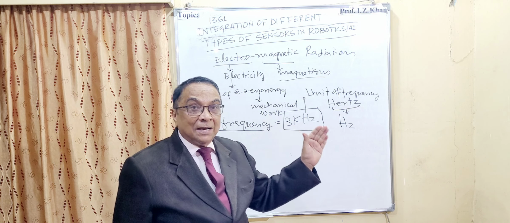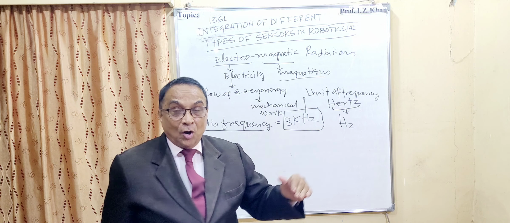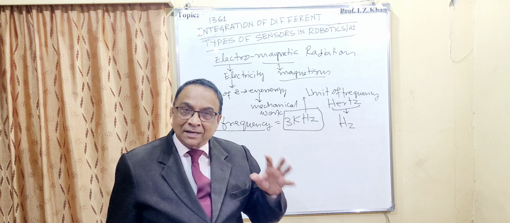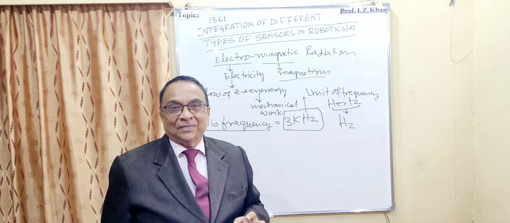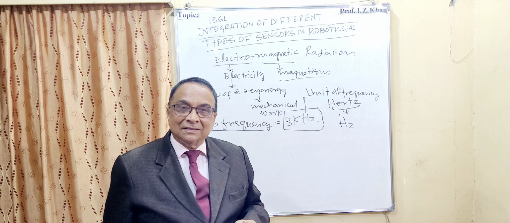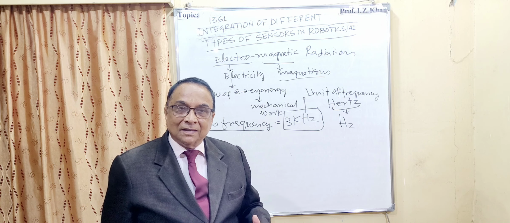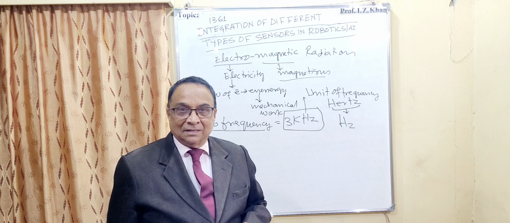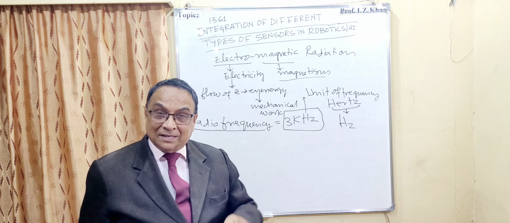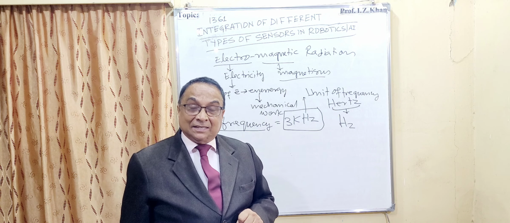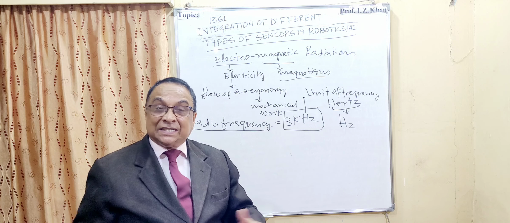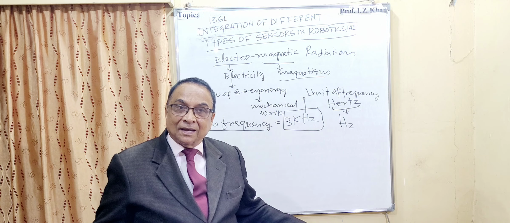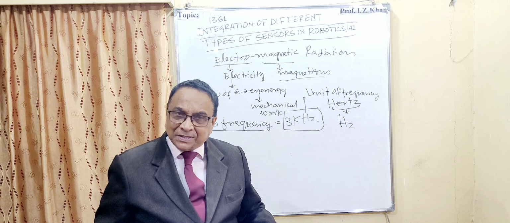But again, since I am taking this topic of robotics and artificial intelligence, their automation is all under these different types of frequencies and wavelengths: ultra, infra, visible. They are playing a very important role. They are providing energy for motion. They are providing energy to locate anything. They are providing the secrecy. They are providing to keep it secret. All the functions are under the range of wavelength and frequency.